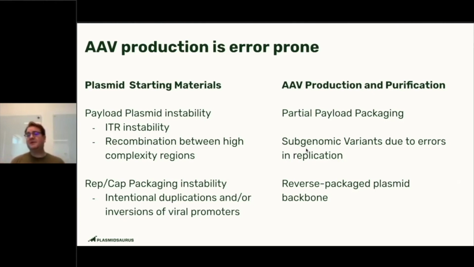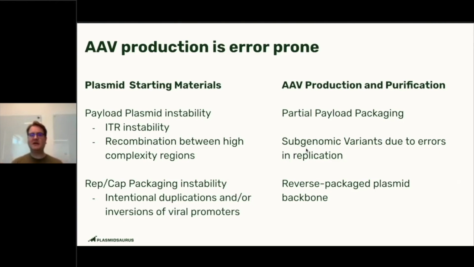AAV production and purification itself is problematic. Partial payload packaging is observed, so only part of the replicated transgenes are put inside the capsid. Often subgenomic variants are seen, so the actual polymerases within the cells that are copying the payload can make mistakes.